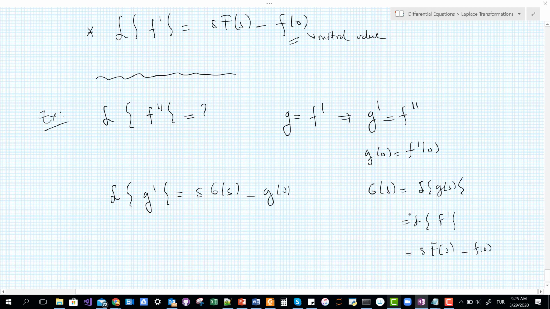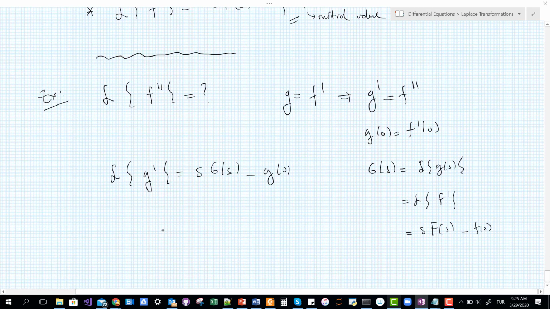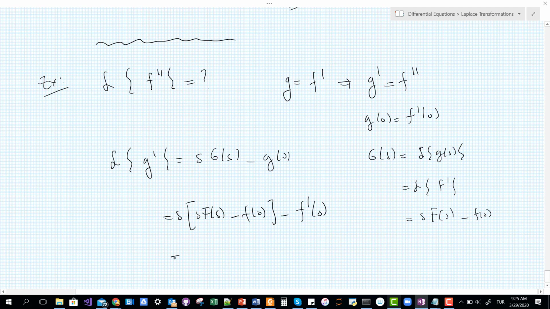Okay, let me put everything back into this part. So s times G of s is equal to, look at that, s times F of s minus f of 0. And now minus g of 0, which is equal to f prime of 0. So it is going to be equal to s squared F of s minus s times f of 0 minus f prime of 0. Did you see, guys? This is the Laplace of the second derivative.